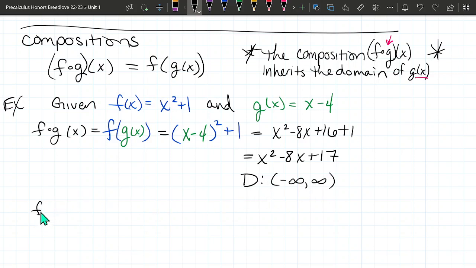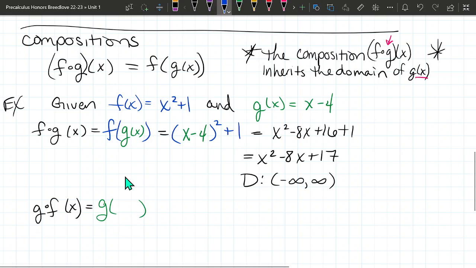So next up is g of f of x. So now the g function is coming first. G, and then inside the g function where there's an x, we put the f function. So we start by writing g.